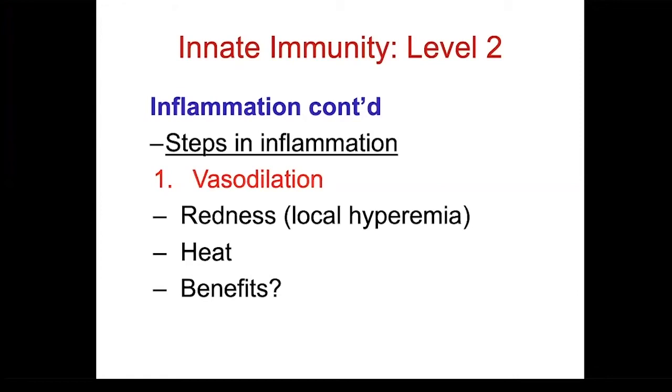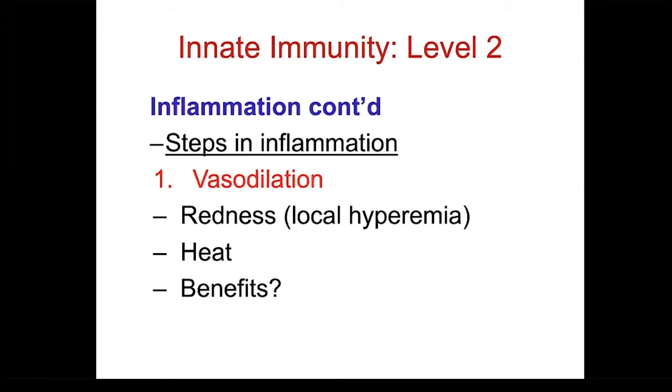Recall that complements can enhance inflammation, function as opsonins to enhance phagocytosis, and form membrane attack complexes, or MACs. In addition, clotting factors will be carried to the area as well, which will be used to bring about coagulation. The coagulation with the fibrin mesh helps wall off the area to prevent the spread of the pathogen.